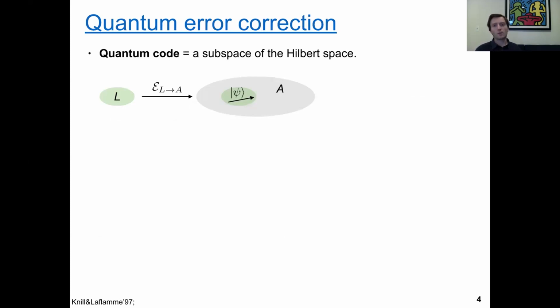So we have some encoding map, curly E. And typically we assume that our physical system consists of a few small subsystems, and the Hilbert space has a tensor product structure. And in the talk, I will assume that I have a finite number of subsystems, and the dimensionality of each local Hilbert space is finite.